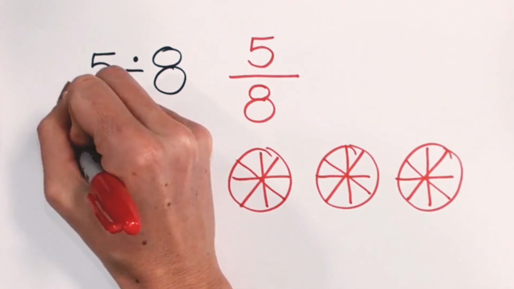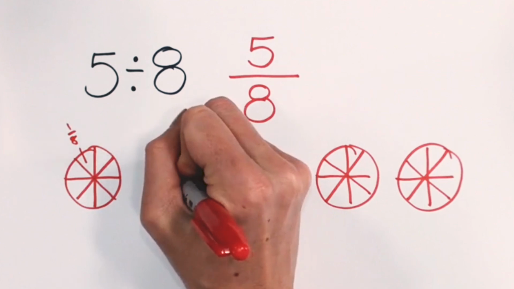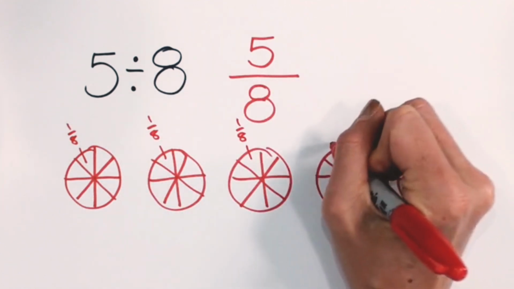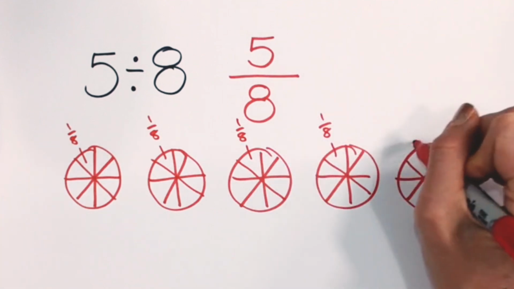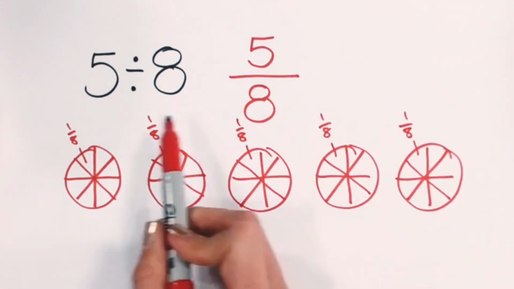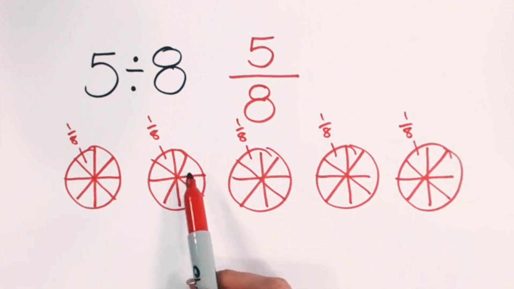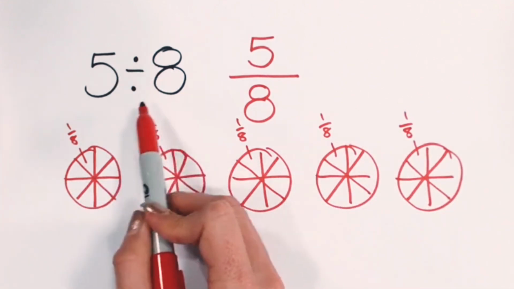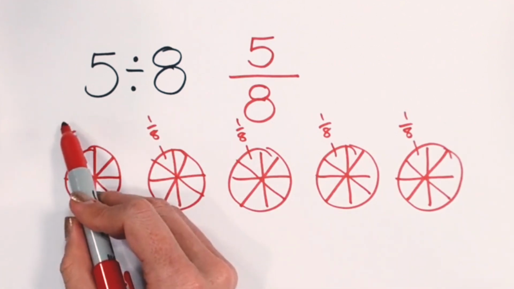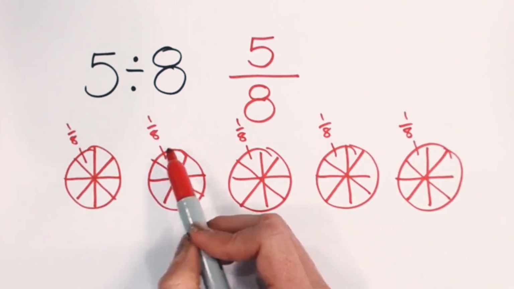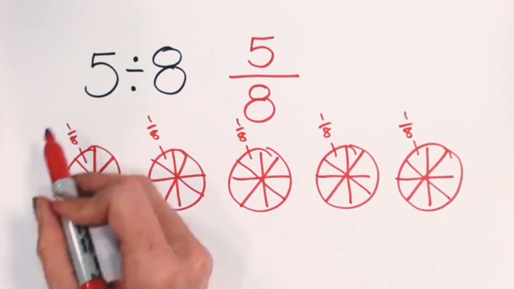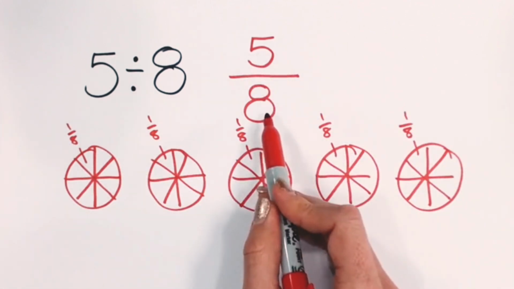So if we look at this as pies, if we had 5 pies and we're dividing these 5 pies up into 8 people, each person would receive 1/8 of this one, 1/8, 1/8, 1/8, 1/8. So this could be interpreted as 5/8.